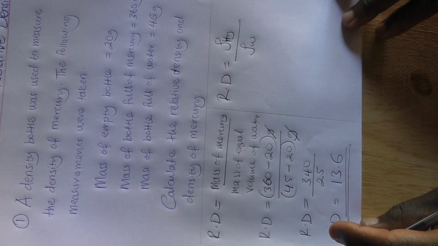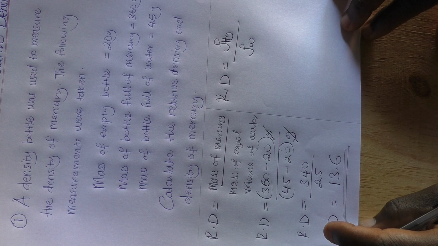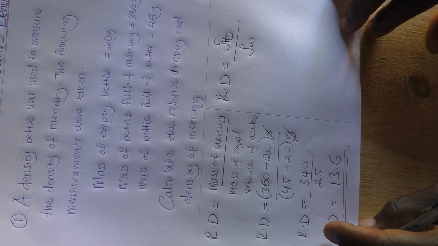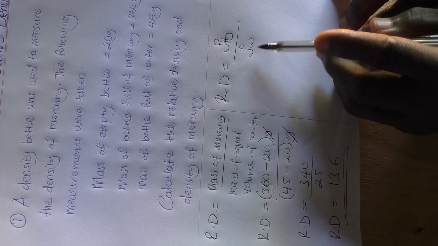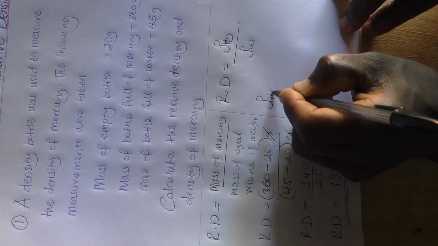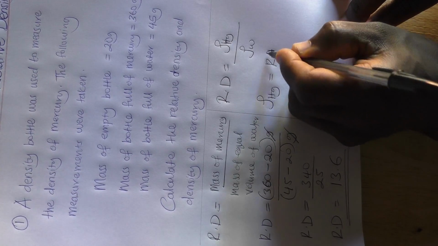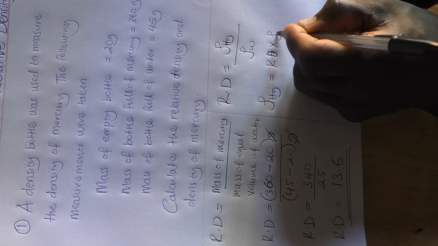Hence, the density of water is known as 1 gram per cubic centimeter, or 1,000 kilogram per cubic meter. Therefore, the density of mercury will be given by the relative density of mercury times the density of water.